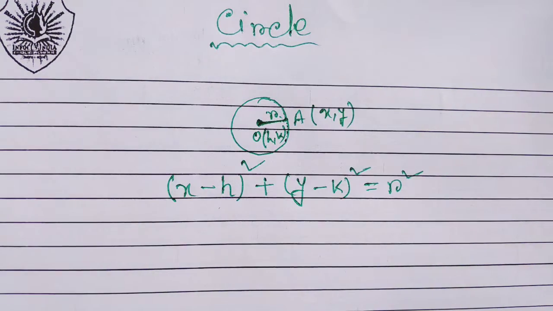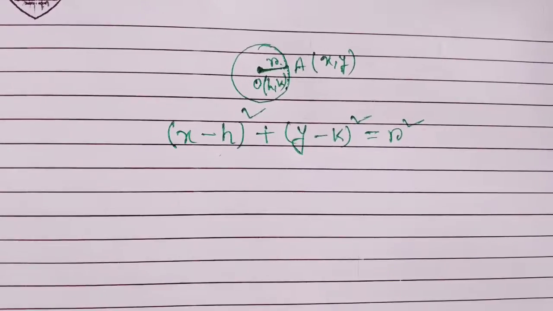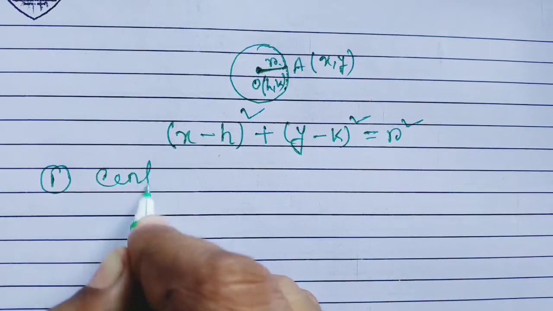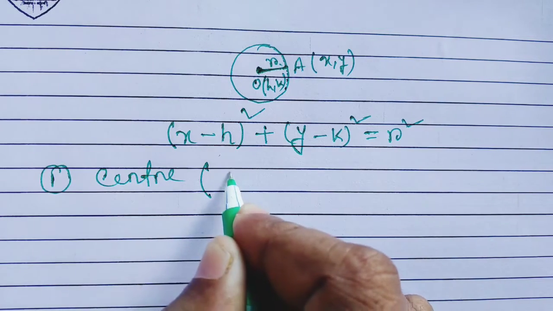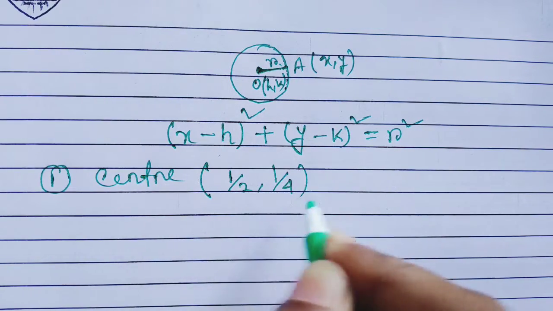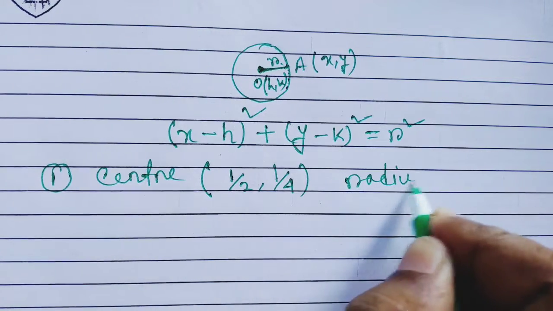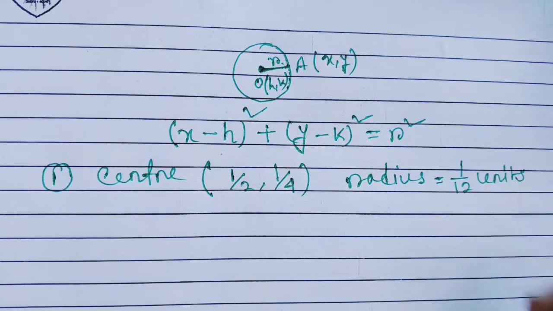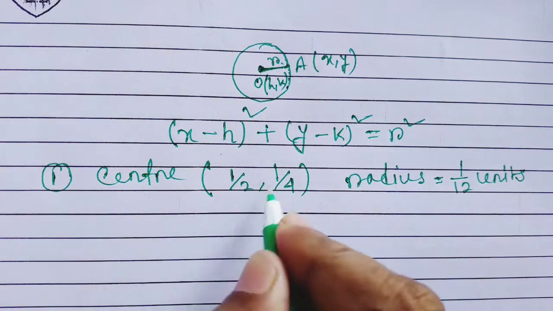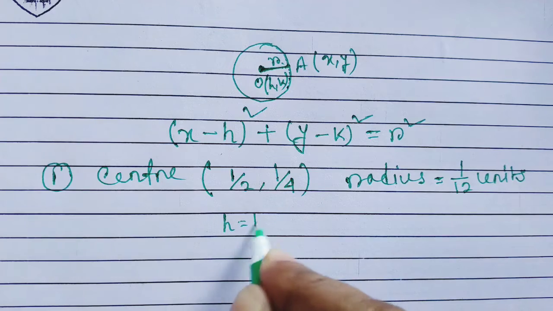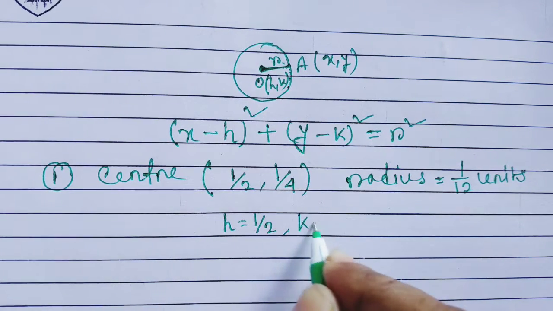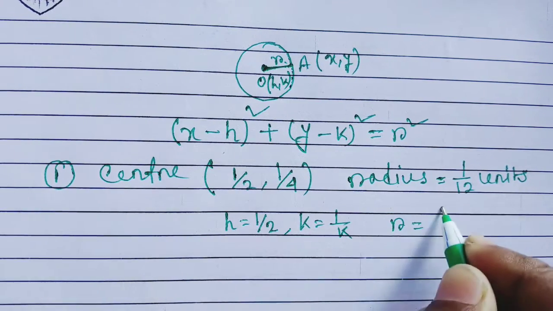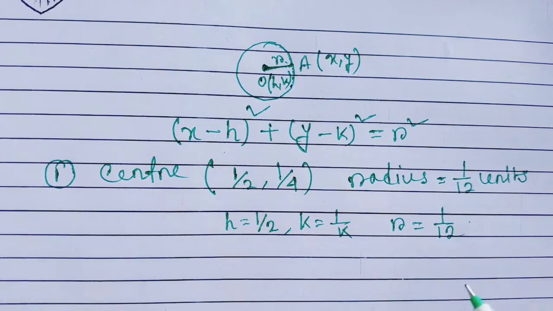Now try to solve a problem. Find the equation of the circle whose center is (1/2, 1/4) and radius equal to 1/12 units. So think that h is equal to 1/2 and k is equal to 1/4 and the radius given is equal to 1/12 units.